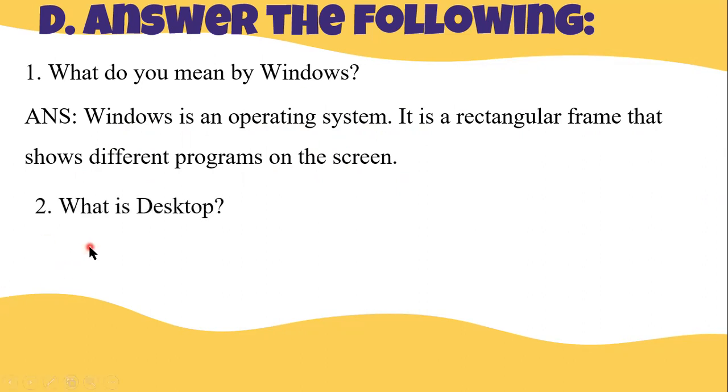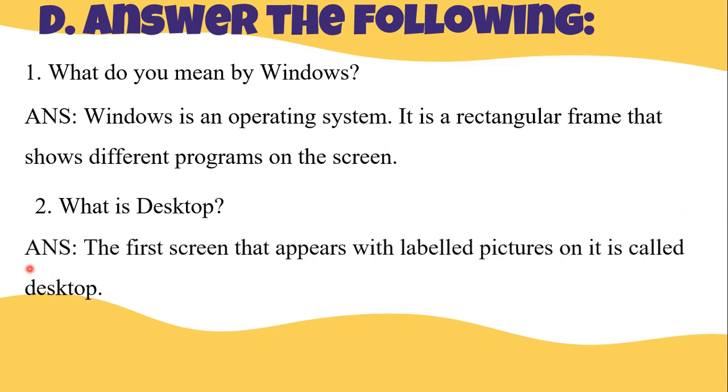Yes, the first screen. So the answer for this question is: the first screen that appears with label pictures on it is called desktop. Okay, students, let's move on to the next question.